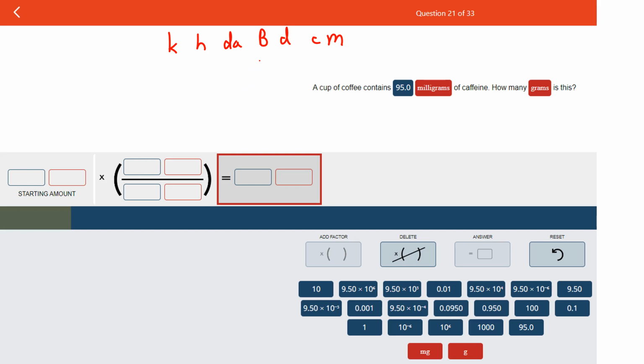If you just memorize that base is 10 to the 0, or 1, then going this way, I'm going up by 1 factor of 10. And then this way, I'm going down by 1 factor of 10.